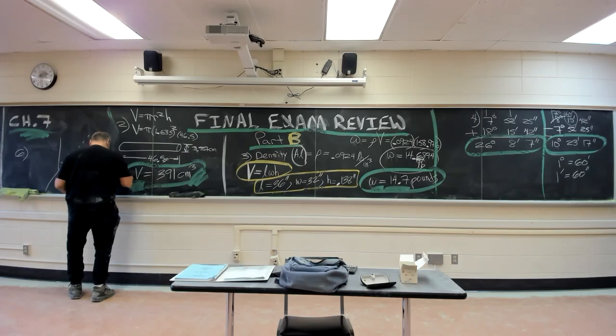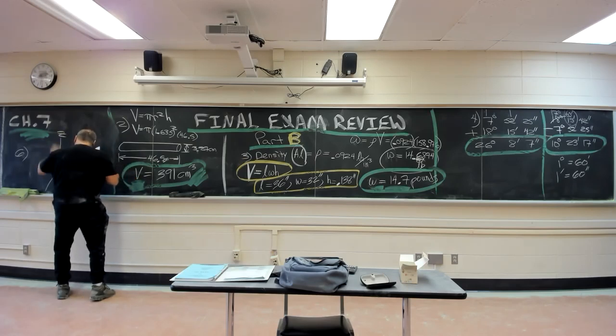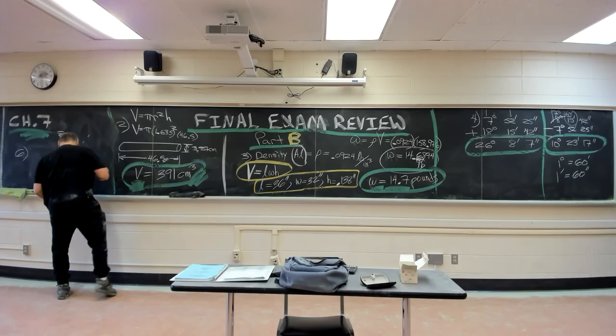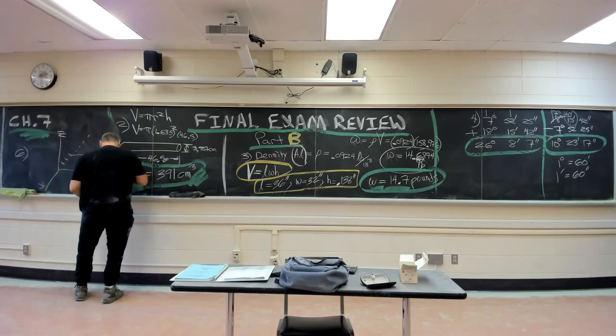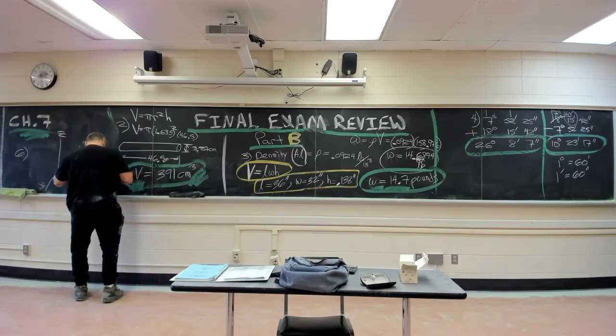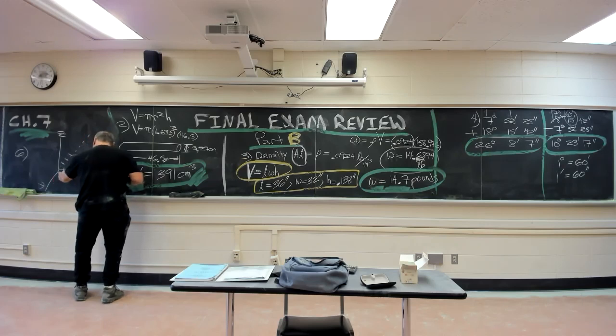1, 2, 3. And then there's this guy going this way in the y direction. So this is z, this is x, this is y. 1, 2, 3, 4. 1, 2, 3, 4, 5.